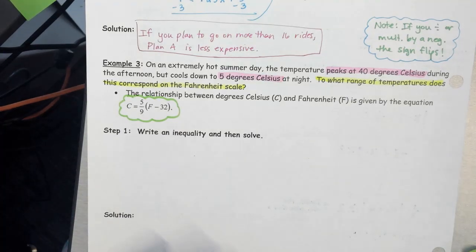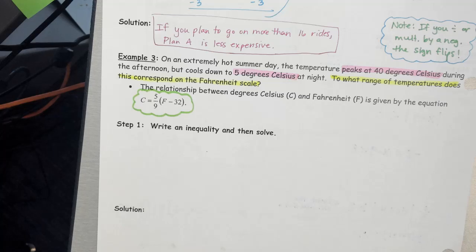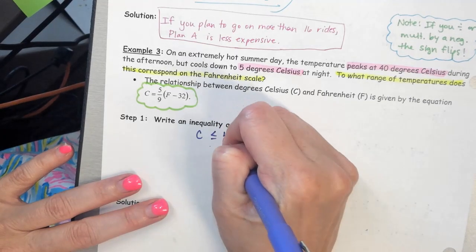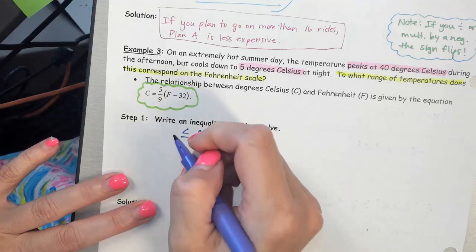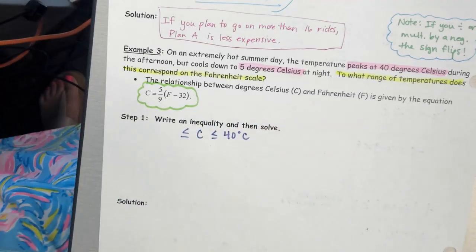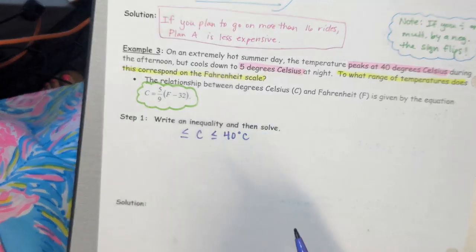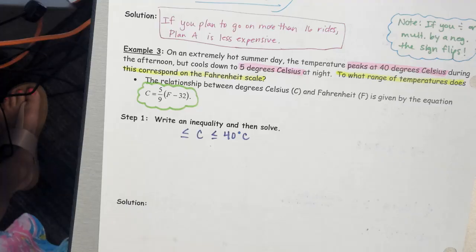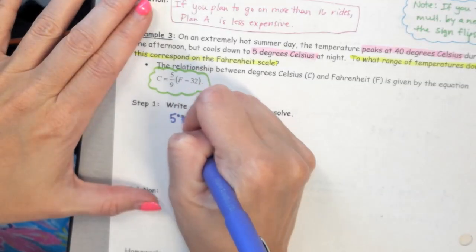When you're thinking of temperature, if it says that it peaks at 40 degrees, does it include that? Yes. Okay, so in terms of degrees Celsius, right, it's going to go 40 degrees and then down with the 5 degrees.